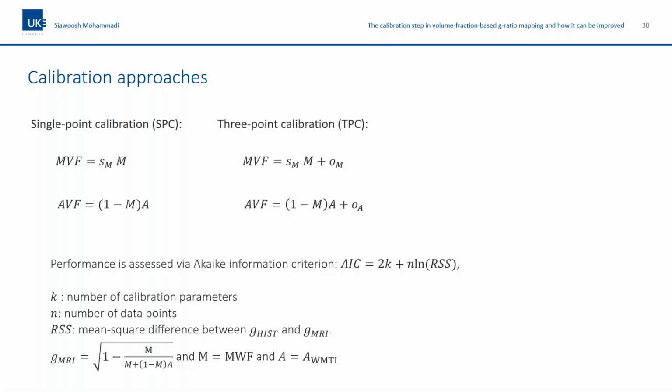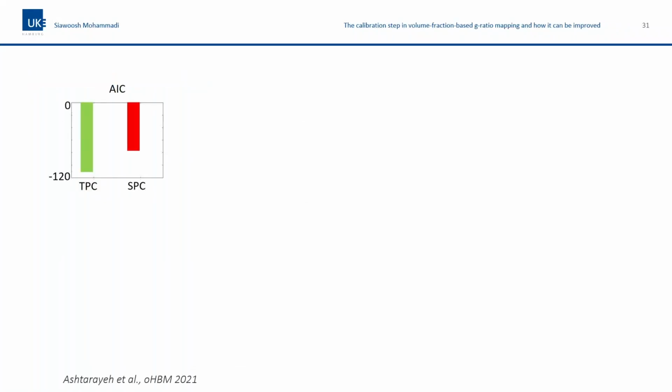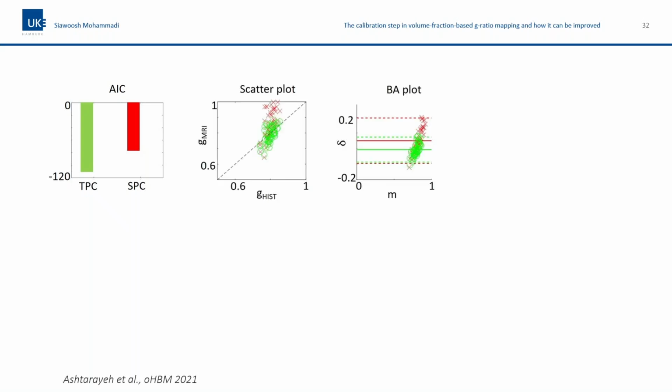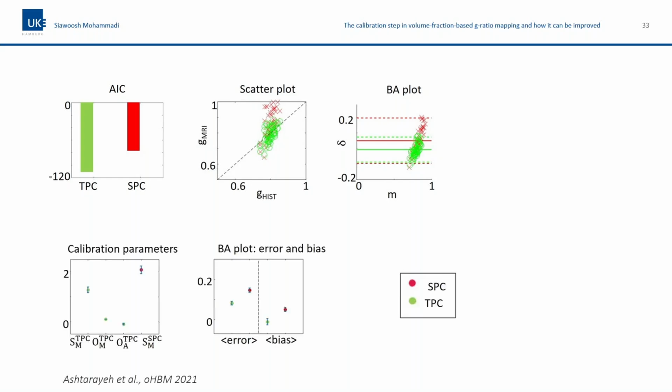We compared the 3 calibration parameter model to a single parameter calibration model, and to make a long story short, we see that the AIC is smaller here, but also that the scatter plot gets better, the Bland-Altman gets better with the 3-parameter calibration, and that when we use different mice for calculating the calibrations, the standard deviations of the parameters are comparable.